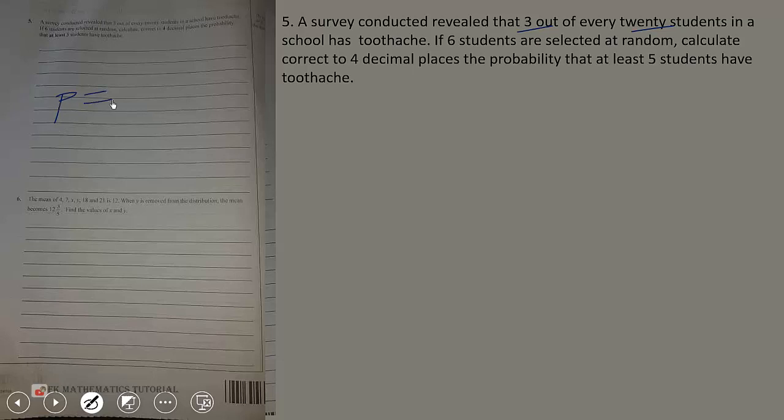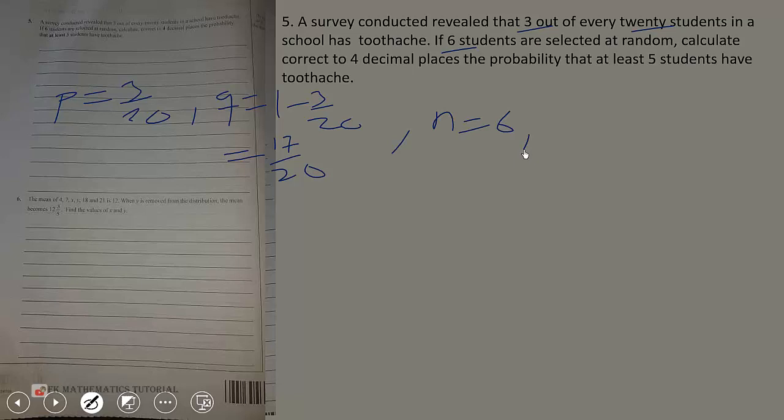Our p will be equal to 3 out of 20, and our q is equal to 1 minus 3 out of 20, which is equal to 17 over 20. Then our n is equal to 6.